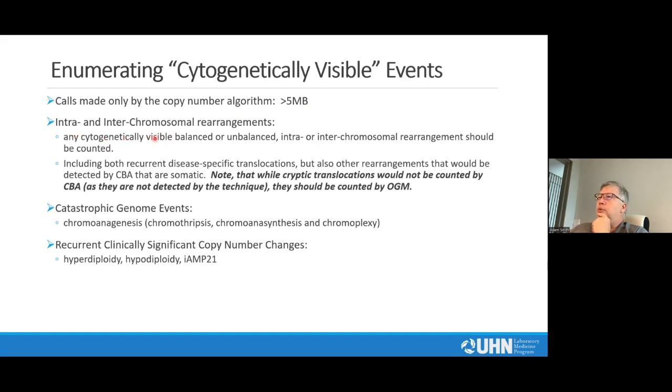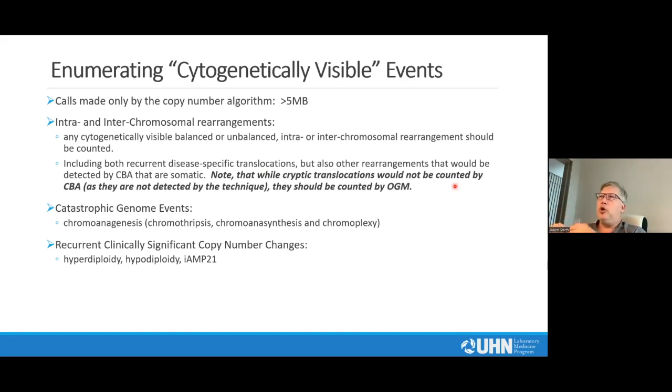For intra- and interchromosomal rearrangements, any cytogenetically visible balanced or unbalanced intra- or interchromosomal rearrangement should be counted when you're trying to ascertain how many rearrangements there are. This includes both disease-specific recurrent translocations, but also other rearrangements that would be detected by CBA that are somatic. And that's sometimes a challenge, but we'll talk about that later. And note that while cryptic translocations would not be counted by CBA, as they're obviously invisible, they should be counted by OGM.